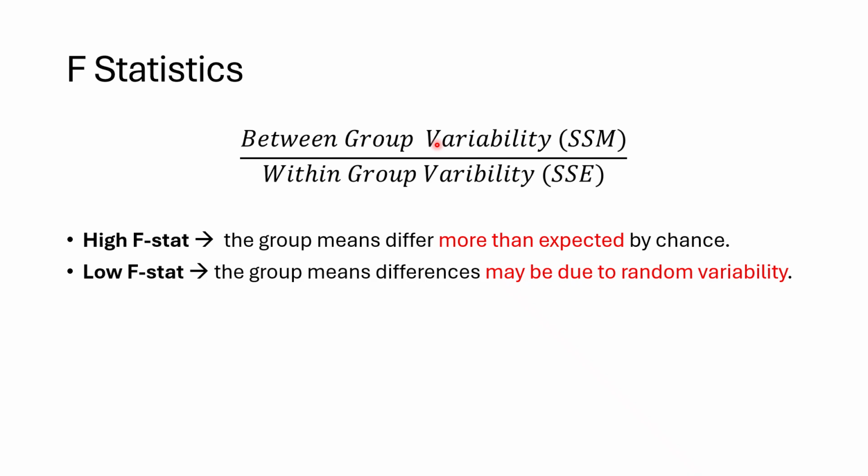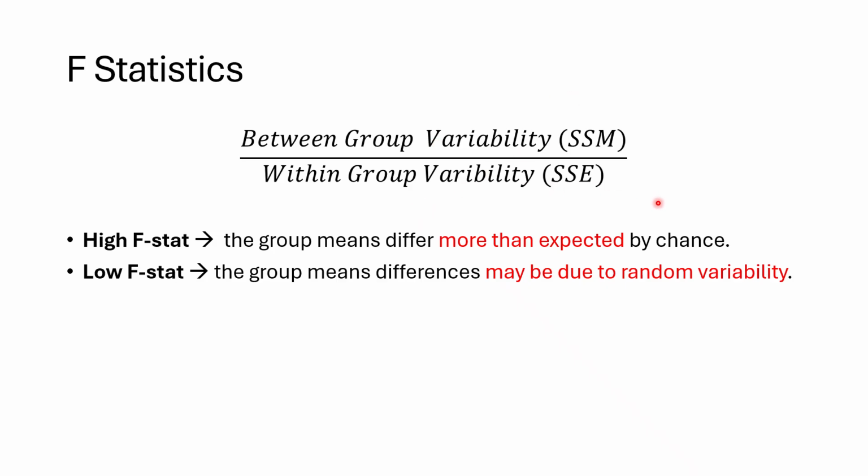Somebody will have a diastolic blood pressure of 86, 84, 83, or a weight of say 150 pounds, 140 pounds, and 200 pounds, or whatever. So there will always be variability within the groups, right?